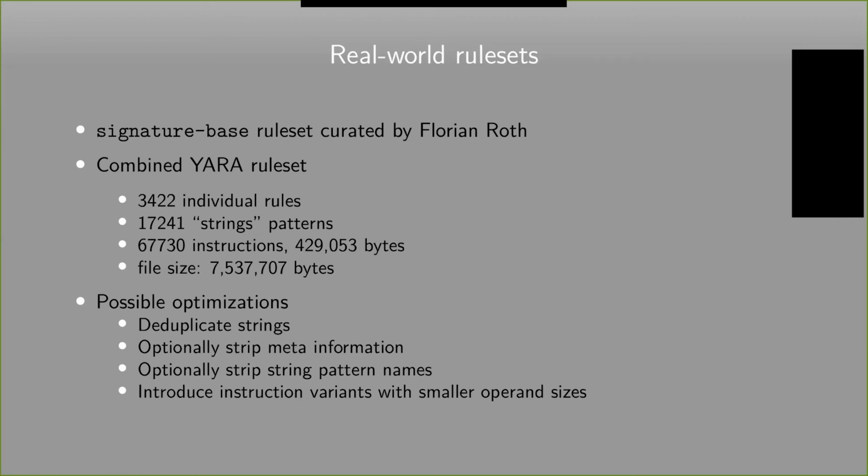I didn't list the original size, but as we've seen before, strings are being emitted and not checked for duplicate strings. So there are optimization possibilities in the YARA rule compiler, and I think that would be a great way to save on space.